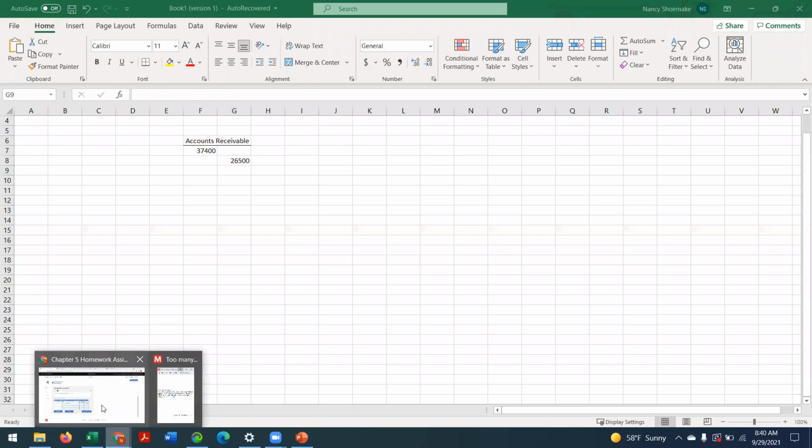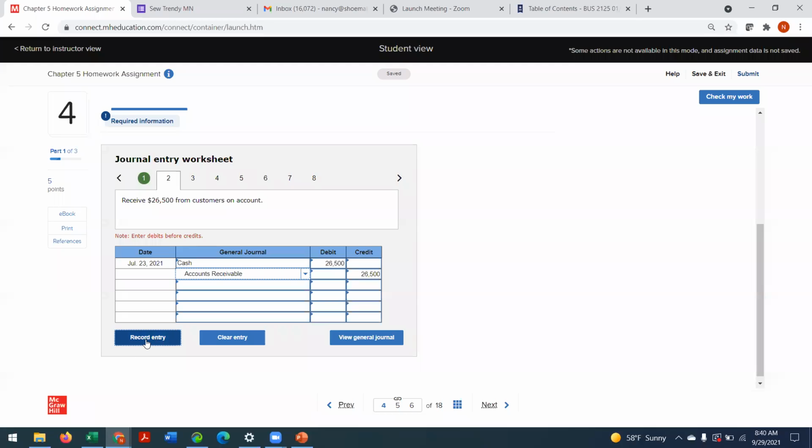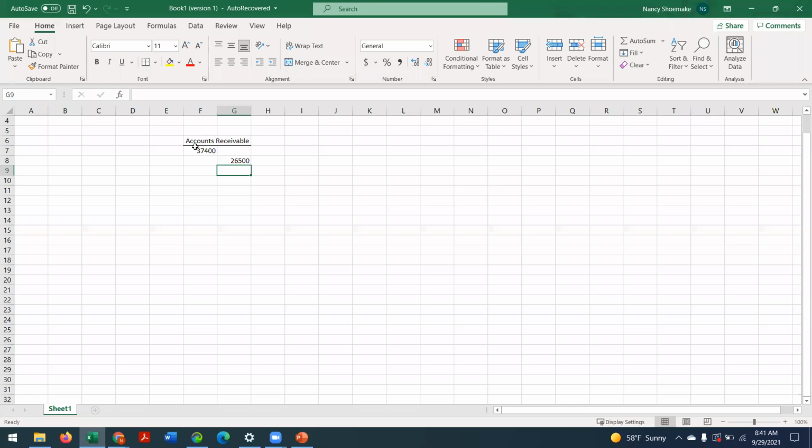Now it tells us to estimate that 30% of uncollectible accounts will not be recovered. So what we're saying here is 30% of this difference.